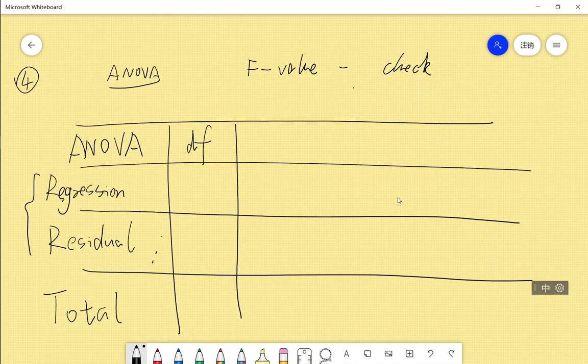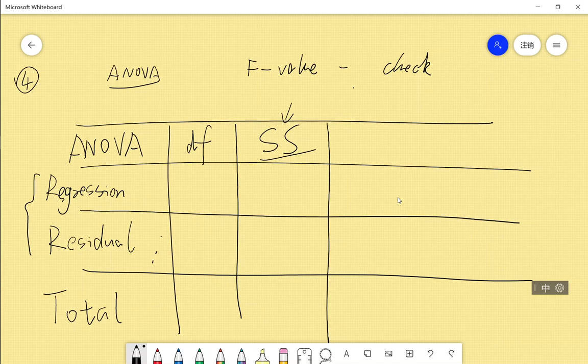Normally you have the degree of freedom, and you have the SS, which is the sum of squares. As the name suggests, you add all that up, and the square means you square all of that. This is self-explanatory. But this is just an intermediate result, not the final result.